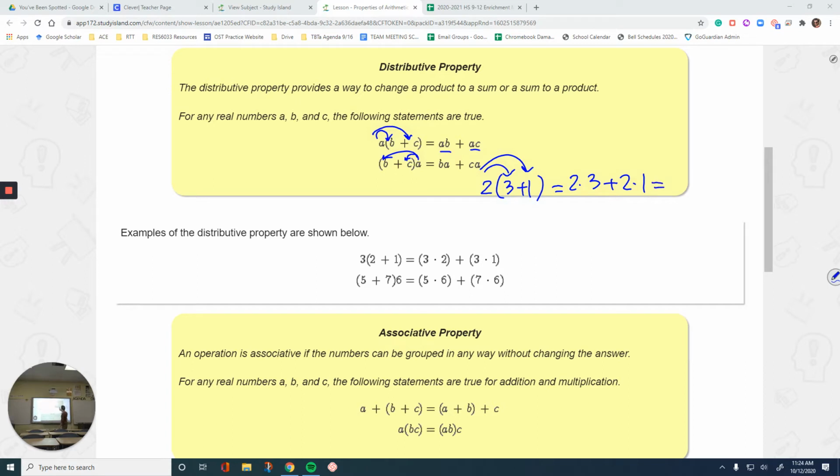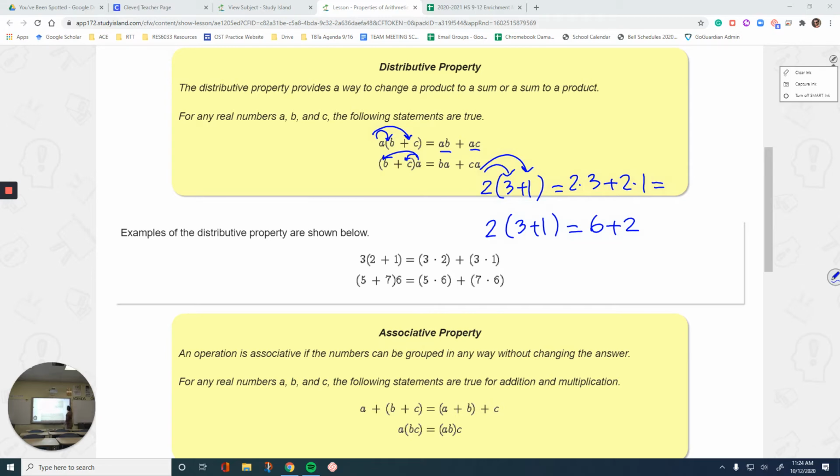Or maybe you don't even see that middle step, and then what you have is this. That's still distributive property, because the operation that we are doing is still the same. The process is the same, just one step less. You don't need to see the middle step to name it. It is distributive property.